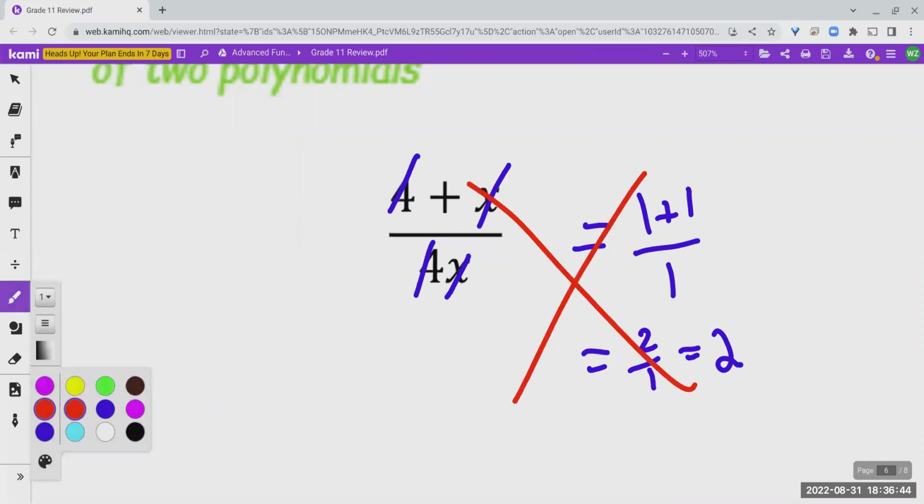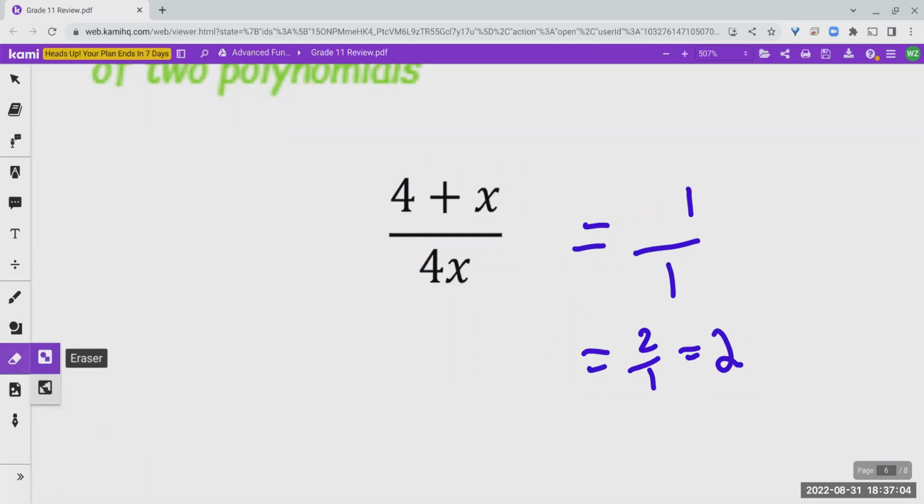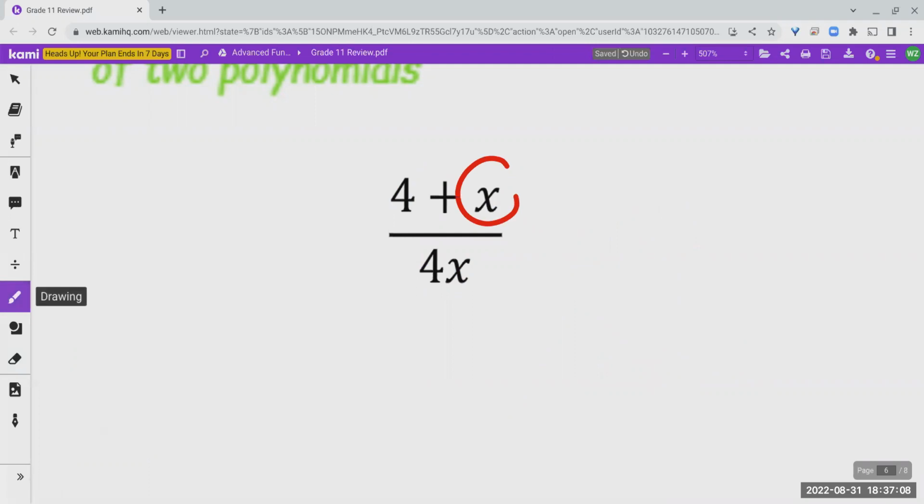Common mistake. Okay, just because something is in the numerator and the denominator and they're the same doesn't mean you can just cross them out. You can only cross them out if one is multiplied, the other is divided. Notice that's not what the question is. I'm going to erase all this just so you can see the question better. Look, this x is being added.